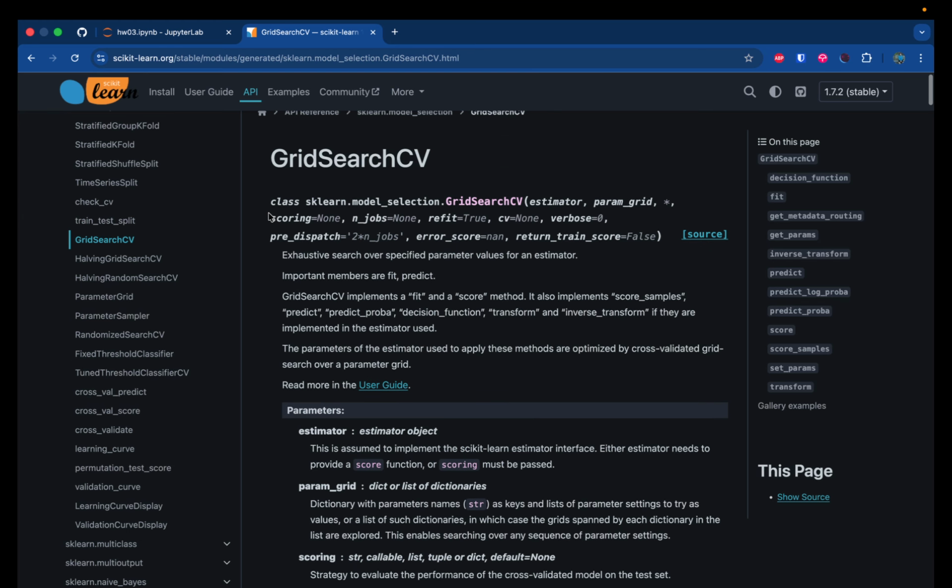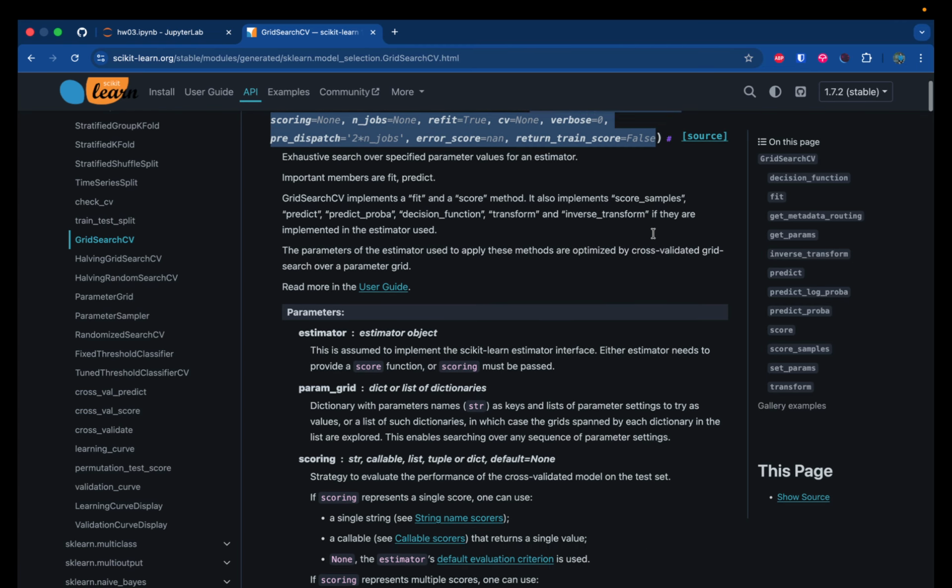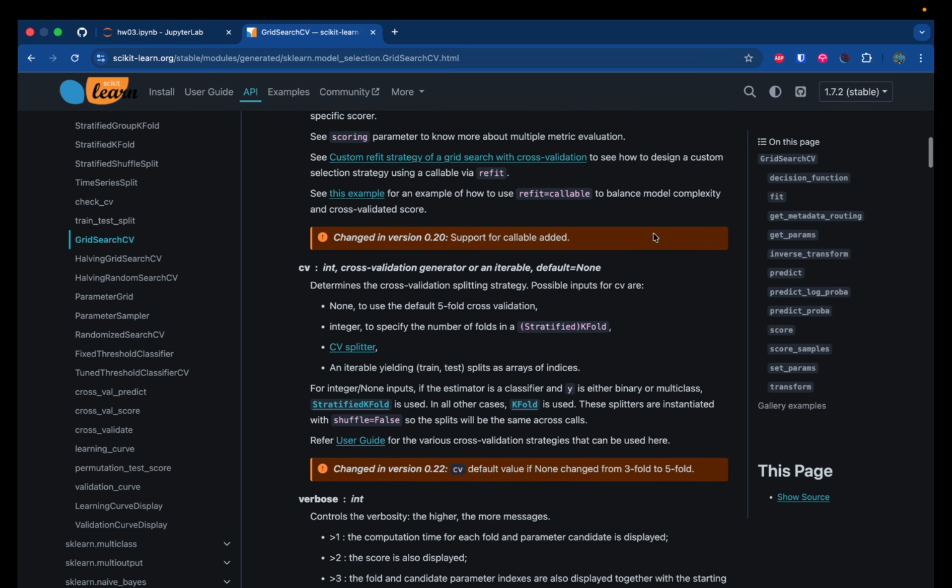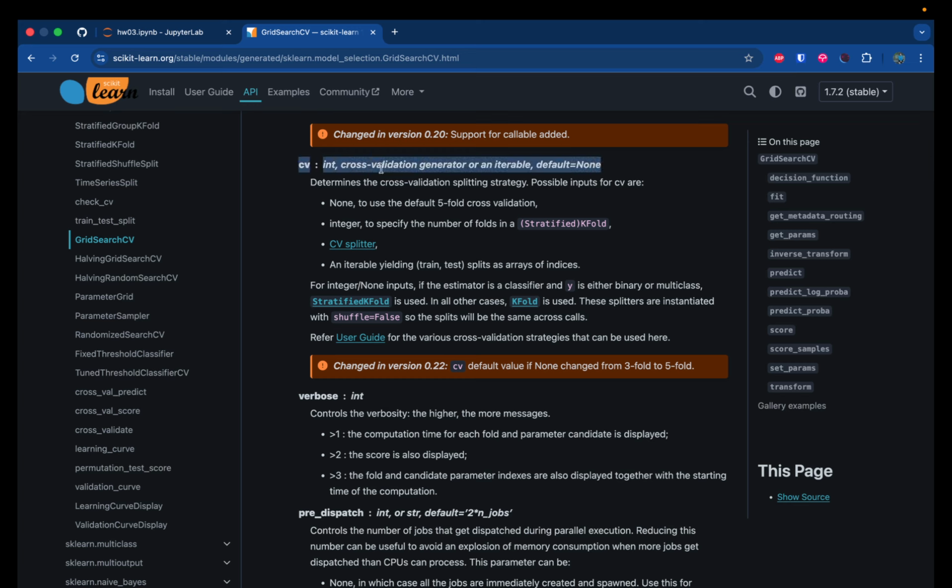If you look at the documentation, there happens to be a bunch of model parameters, and if you read about them, in particular, there's this CV thing that determines the cross-validation strategy. If you don't use this, you are doing 5-fold cross-validation, which is not what I want. If you give it a number, then it's for this stratified splitting thing.